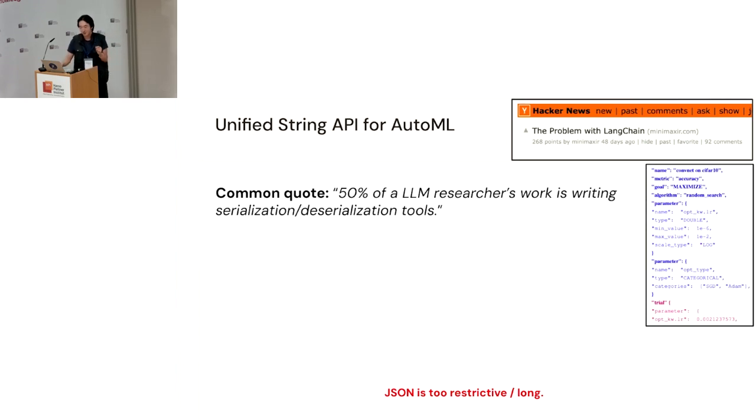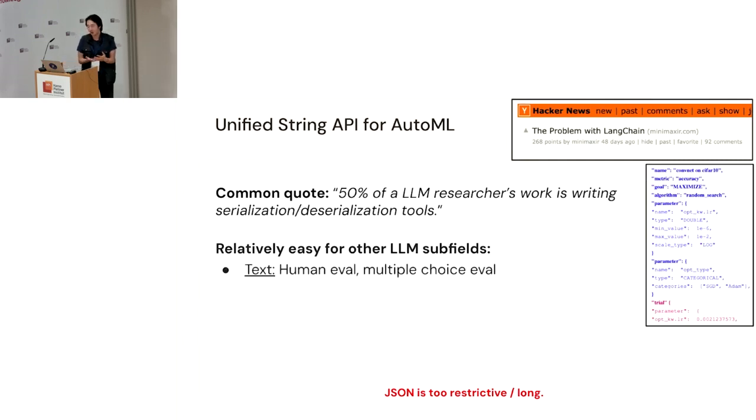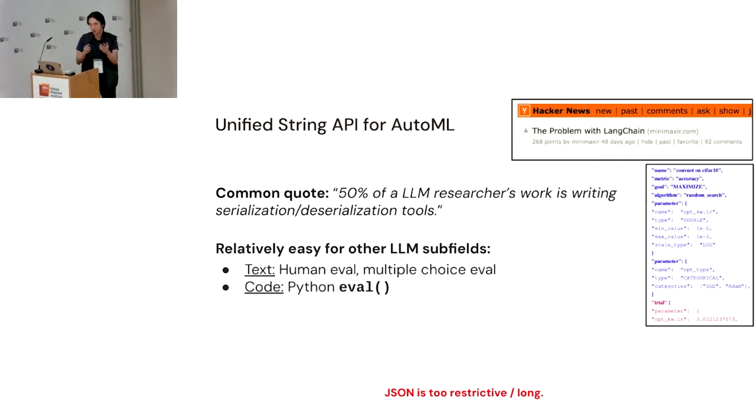And it's relatively easy for other subfields, actually. For text, usually you have some sort of human eval or maybe a multiple choice type of question to do more automatic evals. And for code, there's literally a function in Python that can take in strings and interpret them as Python code. But I don't think this is so much for AutoML.